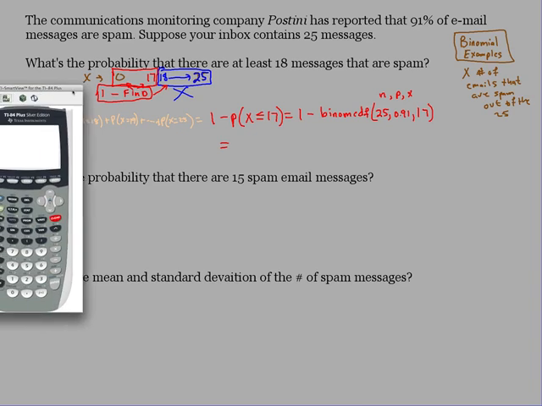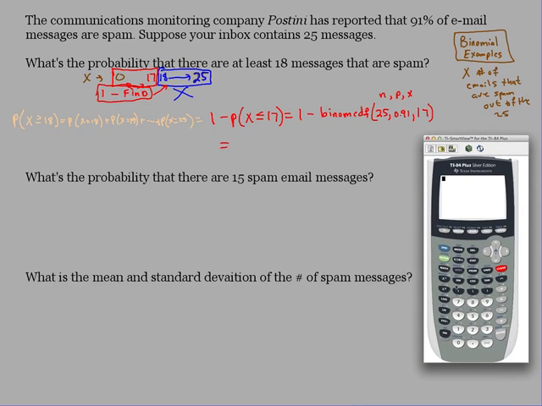So the answer here, I pull in my calculator, will be 1 minus, we want to go to distribution, so it's second vars, scroll up to binomial CDF, because we want a lot of random variables here. Okay, and we want to say 25 comma 0.91 and 17.